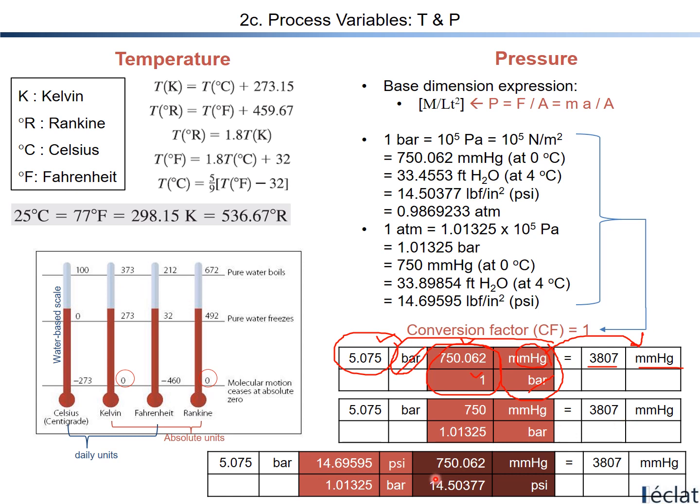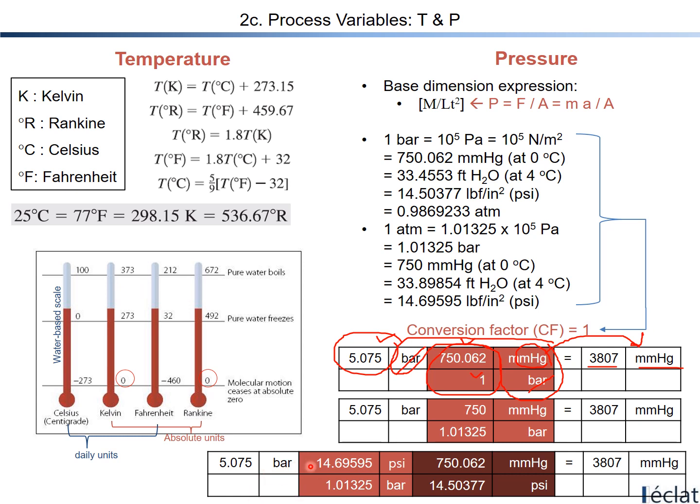Let's go to the third calculation. So I want to use a two-step calculation. Let me assume that there is no relationship between bar and milli Hg. So we cannot convert the bar into milli Hg directly. So I want to use several different units.